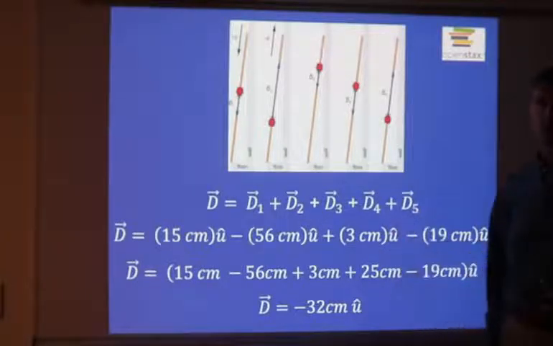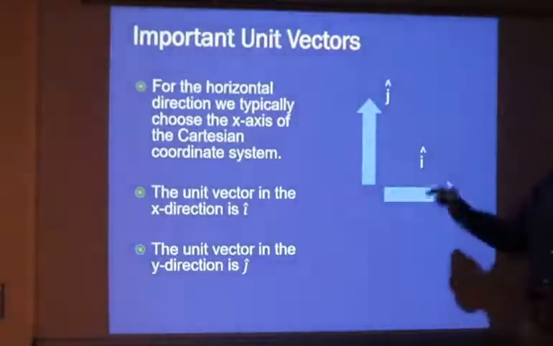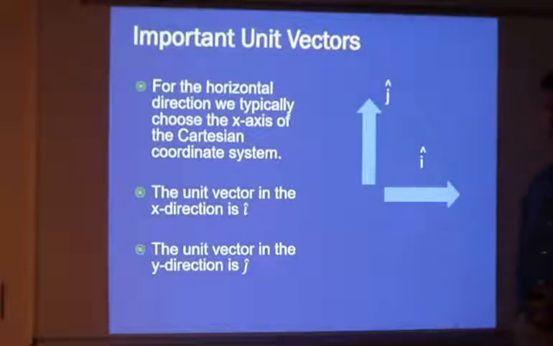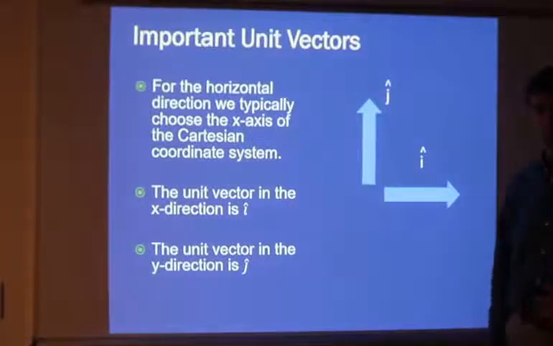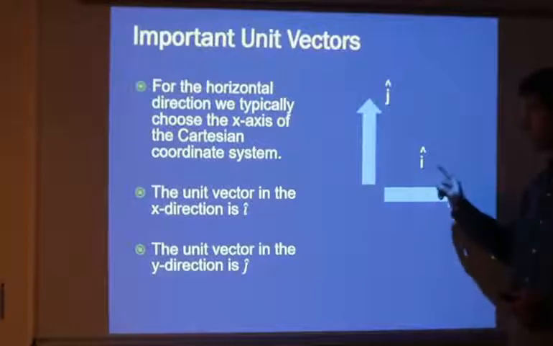Again, we won't spend too much time with unit vectors. I will introduce them from time to time because especially in higher level mechanics or in engineering classes, you need to be aware of this nomenclature.